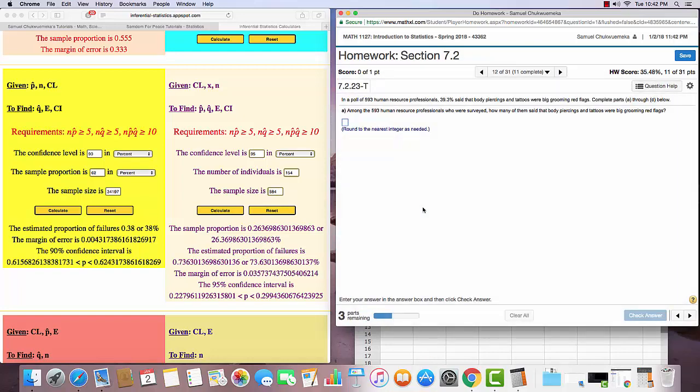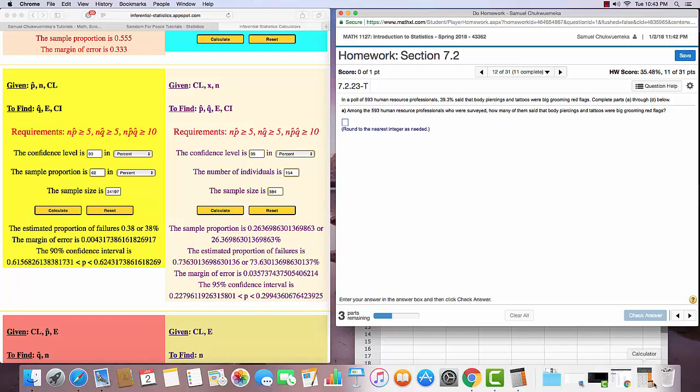Question 12. In a poll of 593 human resource professionals, 39.3% said that body piercings and tattoos were big grooming red flags. A. Among the 593 human resource professionals who were surveyed, how many of them said that body piercings and tattoos were big grooming red flags?